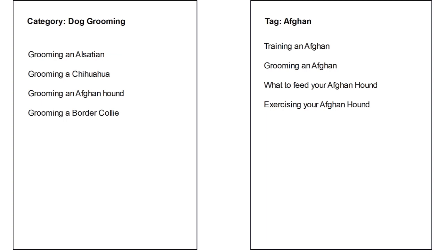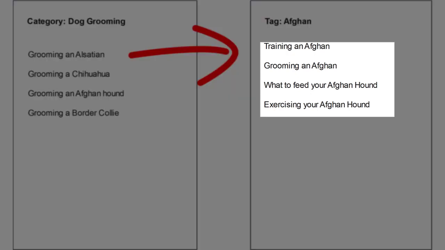So anybody coming to your site, if they've got an Afghan Hound and they're only interested in looking at Afghan Hound articles, could go to the Afghan Hound tag page, and that would list all articles that have the Afghan Hound tag. So they would see the dog training, the dog grooming, the dog nutrition, and the dog exercise articles related only to the Afghan Hound.